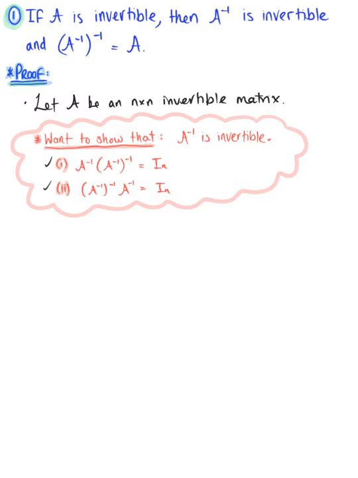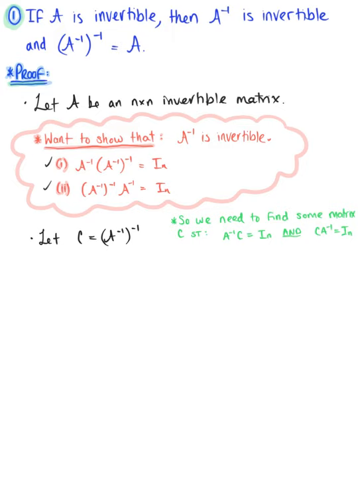And we also need to show that the reverse order holds true. Now, we've got a lot of inverses going on here. So to simplify things, let's let matrix C be equal to the inverse of matrix A, just to make things a little bit easier to understand.